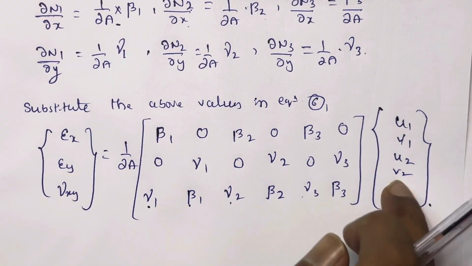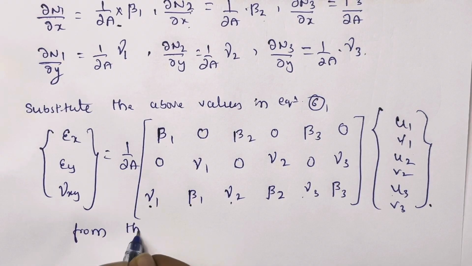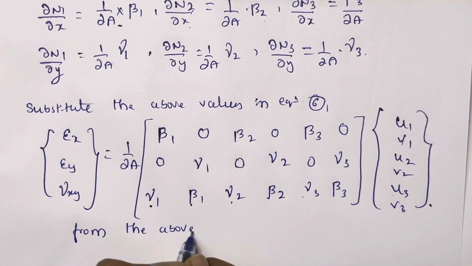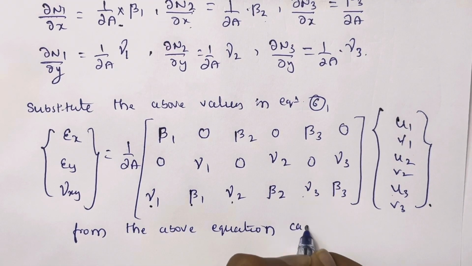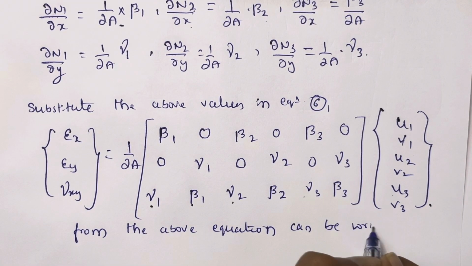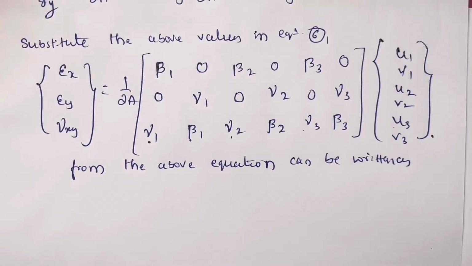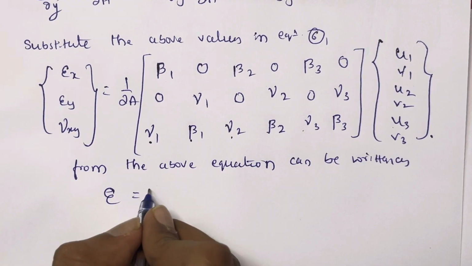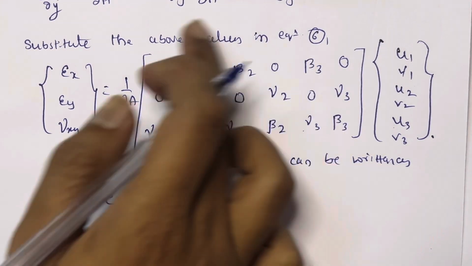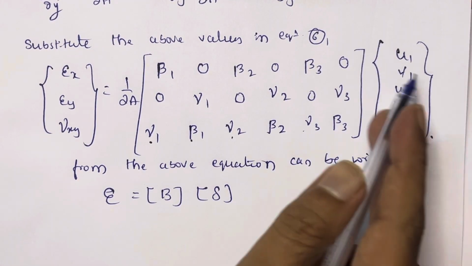Now the same equation can be written as: this one is strain, that is epsilon, and this entire matrix is B, and this is delta, that is displacement.